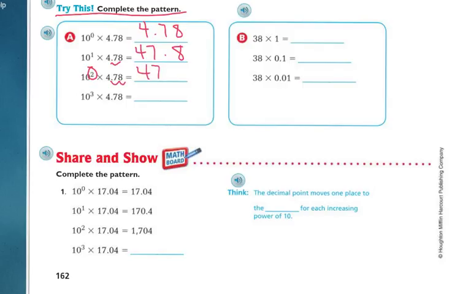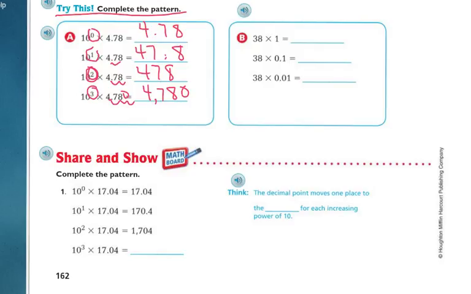So it's going to be 478, right? Now I'm going to move my decimal over 3 spaces. 1, 2, 3. There's nothing there, so I'm going to add a 0, because I'm just moving my decimal over. It's going to be 4780. See the pattern? On this one, I don't move my decimal at all. On this one, I moved my decimal over 1 space. This one, 2 spaces. This one, 3 spaces.